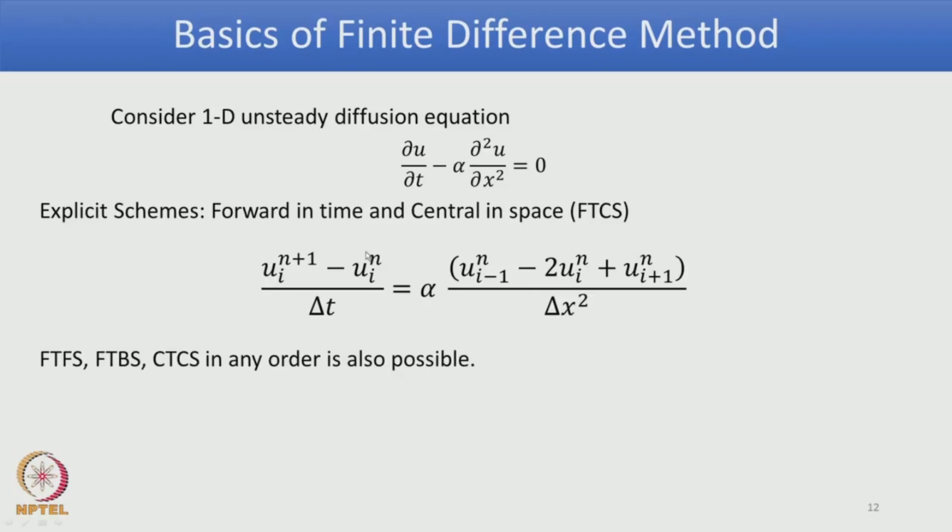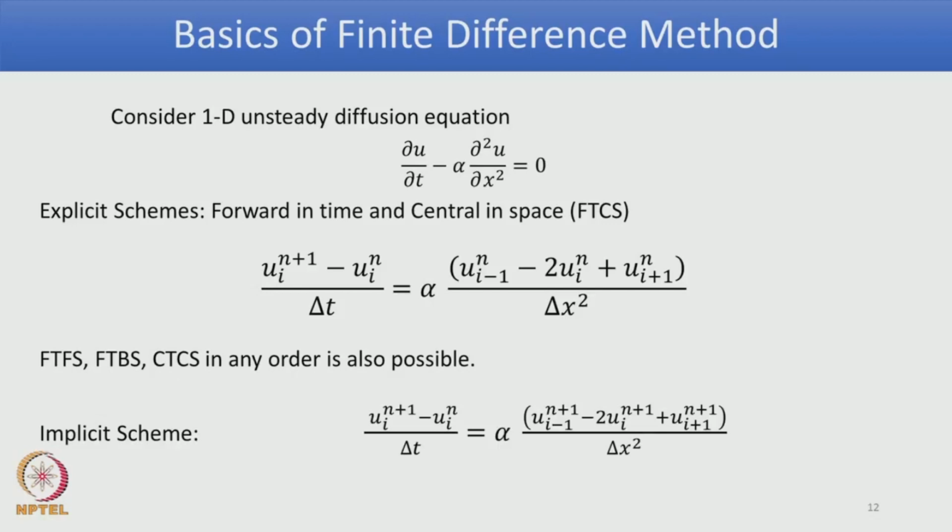I have explained all this by following one finite difference form, forward in time and central in space. You can also write expressions based on forward in time, forward in space; forward in time, backward in space; and central in time, central in space.